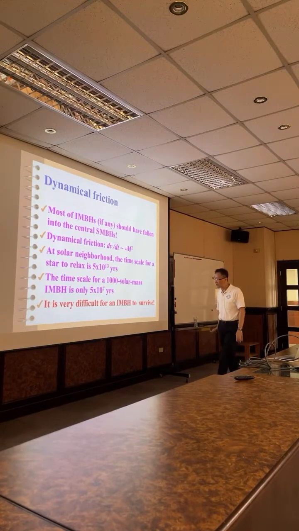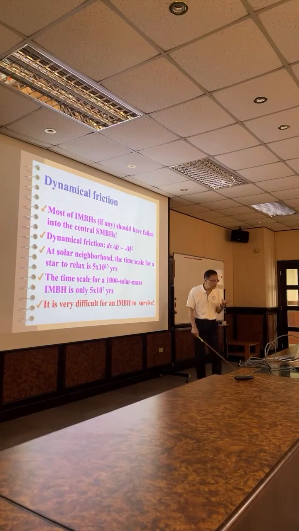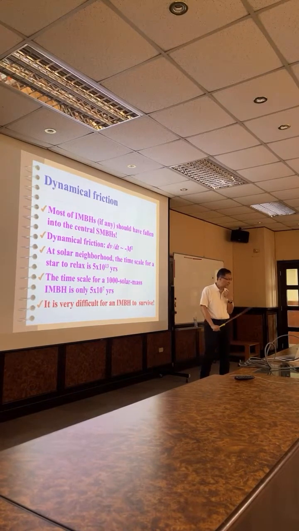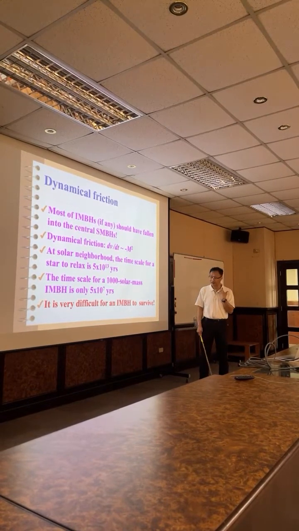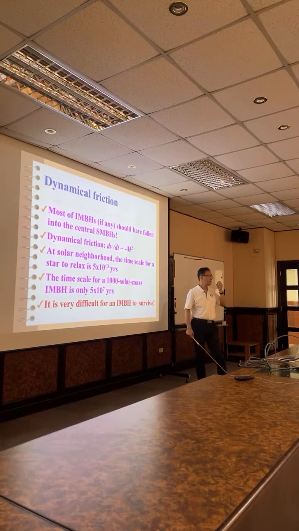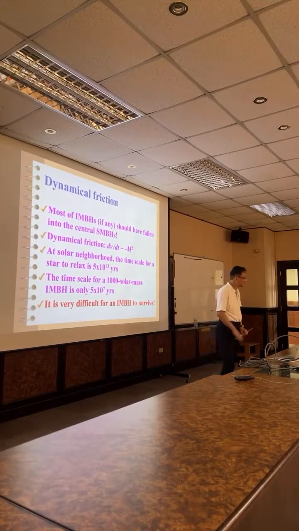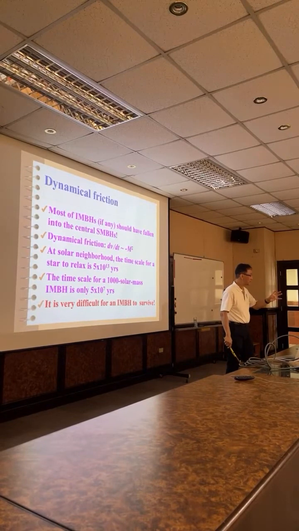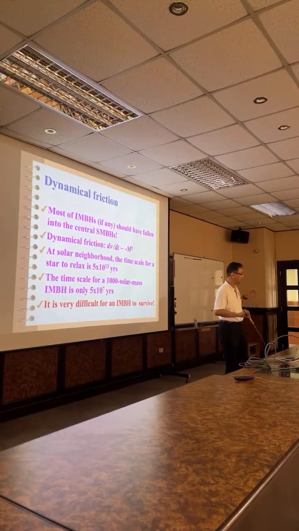But what happens if we have an intermediate mass black hole? What is the time scale? The time scale for the intermediate mass black hole to lose all its dynamical energy is only about 5 times 10 to the 7 years. That's in the solar neighborhood. If you are in the galactic center or something, it should be even shorter because of the density of stars.